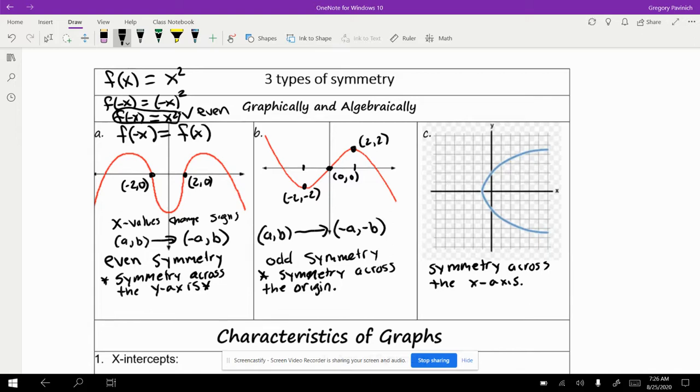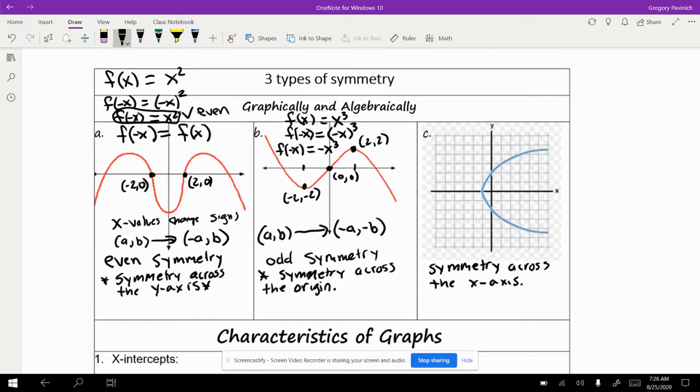Okay, an odd function, let's just say f of x is equal to x cubed, which is an odd function. If I plug that negative x in, it will output the opposite function, as if I distribute a negative through the whole function.